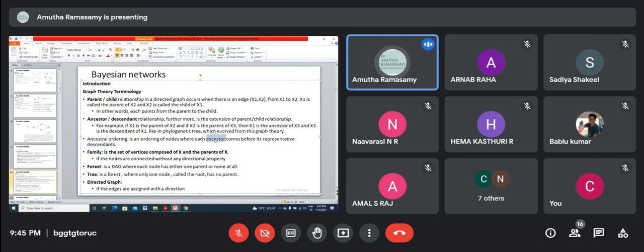So when an event occurs first, then we say this is the ancestor. Okay. So what is the family? A set of vertices composed of X and the parents of X. Okay. I'm talking about a set of vertices composed of X. So we have some data and we have a set of vertices, but they evolved from the parent.